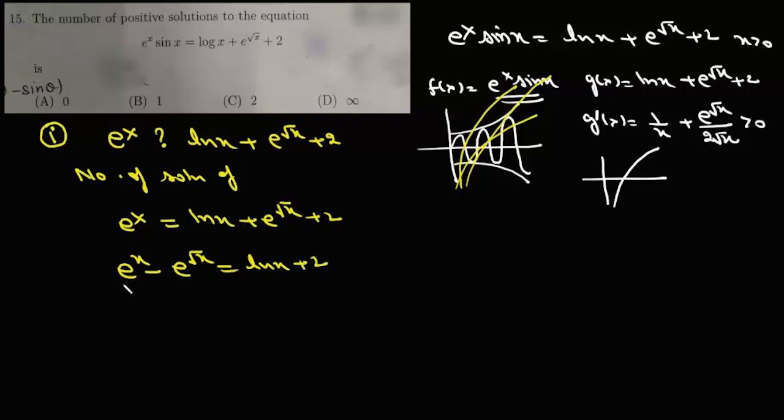Now here too we'll consider them as two functions. Suppose this first function is f1(x) and this second function is f2(x). Now this f1(x) is e to the power x minus e to the power root x.